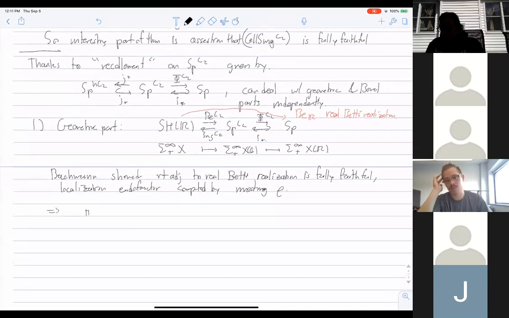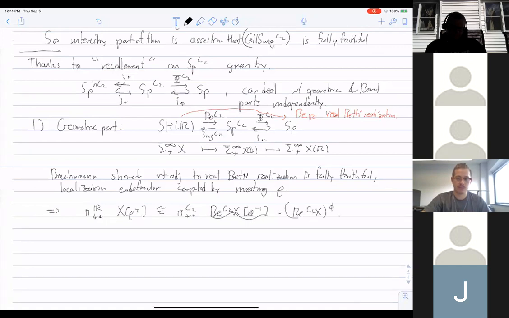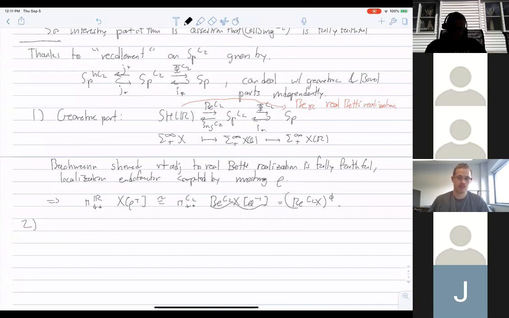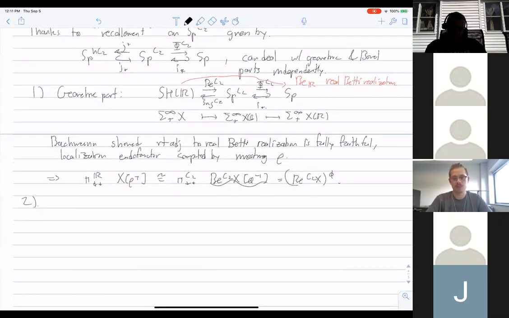That's going to imply the claim from before that at the level of homotopy groups, I can compute, well, I can compute as follows. So that's it for the geometric part. As you can see, there's nothing new here. We're just using as an input Bachmann's results.